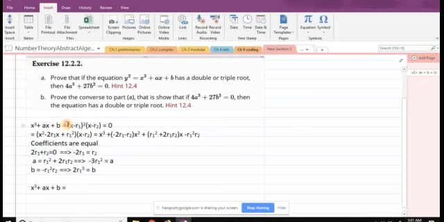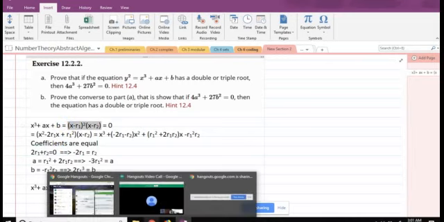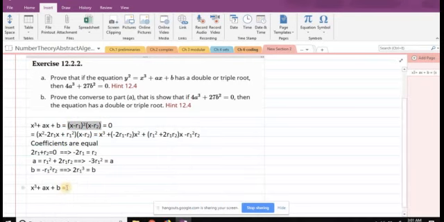It should be similar to this, except you don't know that there's a double root. Yeah, that's good. Then FOIL it all out, yes.